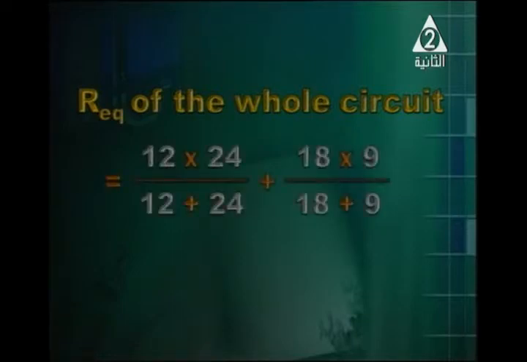R equivalent of the whole circuit: 12 and 24 connected in parallel, product over the sum, plus the 18 and 9 parallel combination, plus the internal resistances. So R total of the whole circuit is 18 ohm.